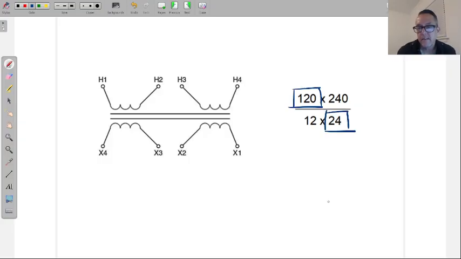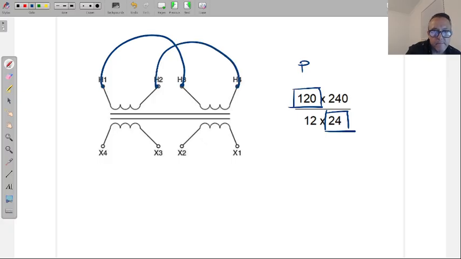So I need to connect my output so that I get 24 volts on the output. For my primary side, we know the H's mean primary. I'm going to connect it in parallel, meaning my 1 connects to the 3, 2 to the 4. Very good. And then the bottom gets series. Exactly.